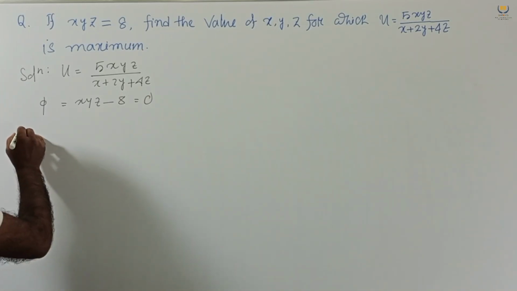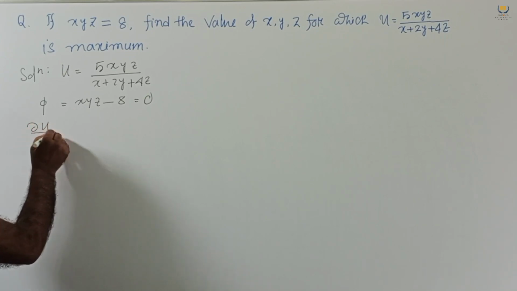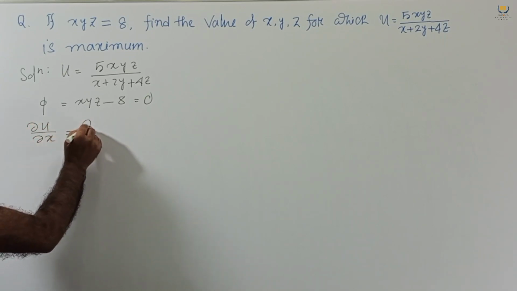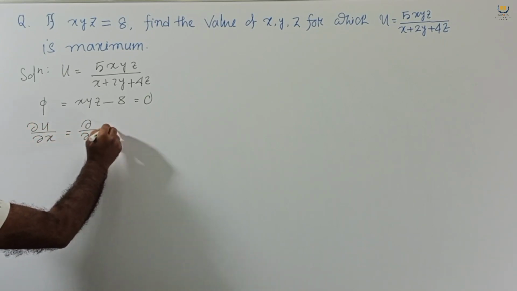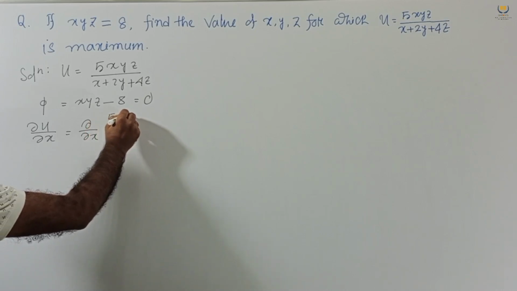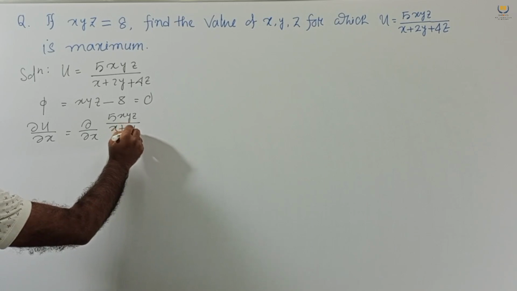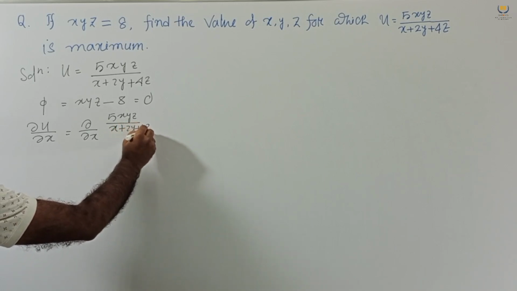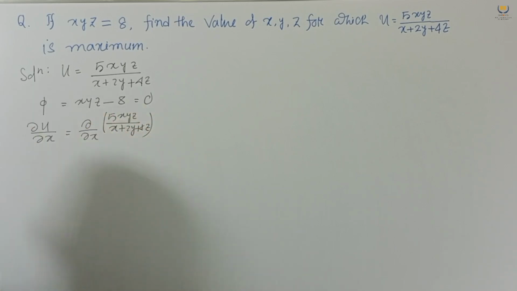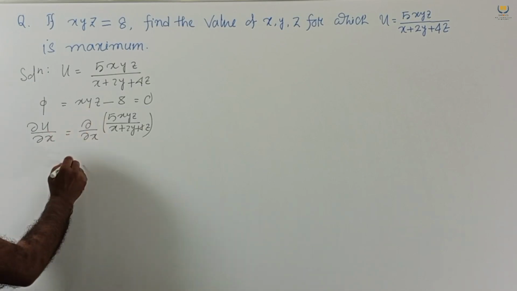Now first we find del u by del x of 5xyz by x plus twice y plus 4z. This is the division rule.